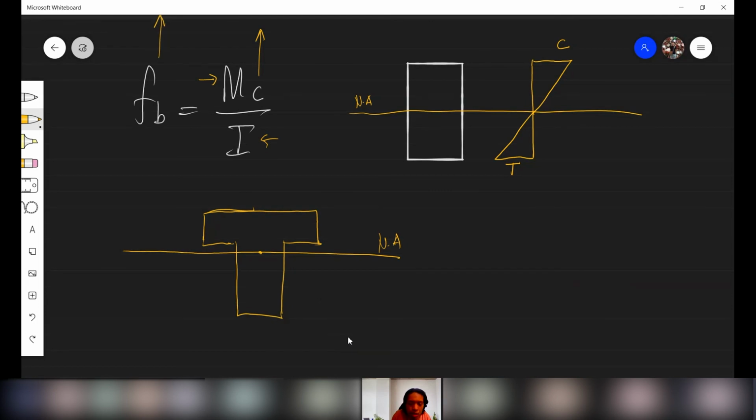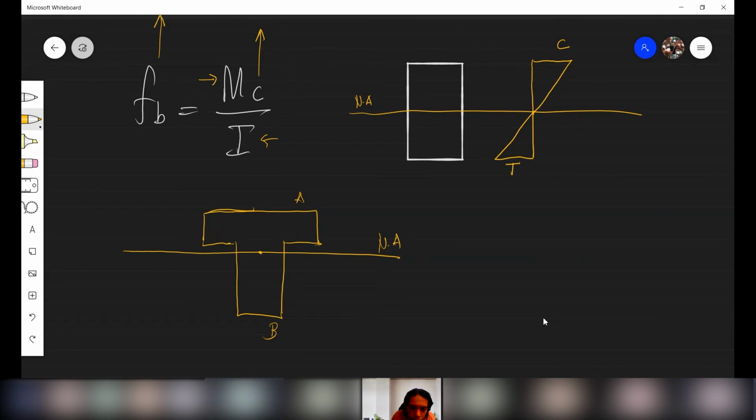Let's name this fiber A and this fiber B. Which fiber will be subjected to more flexural stress? Is it fiber A or fiber B?